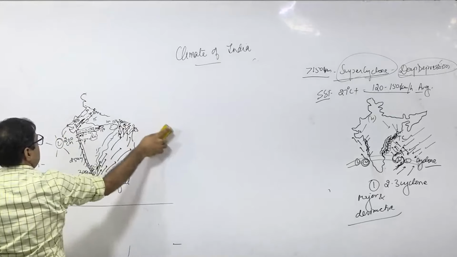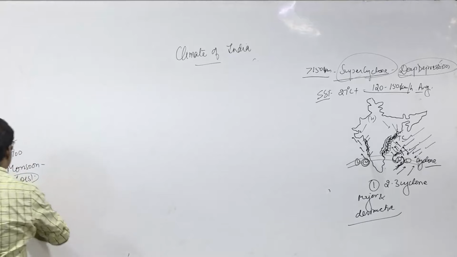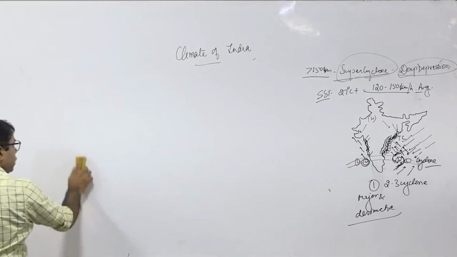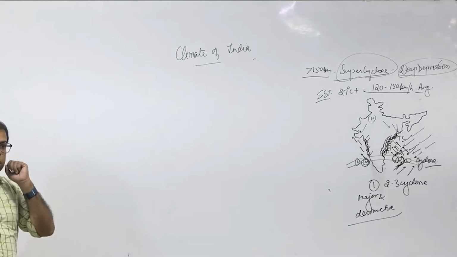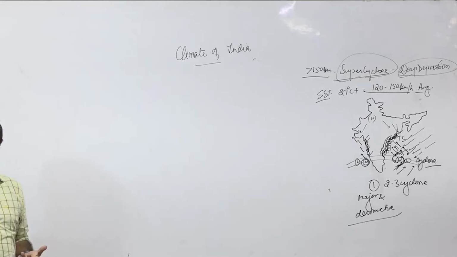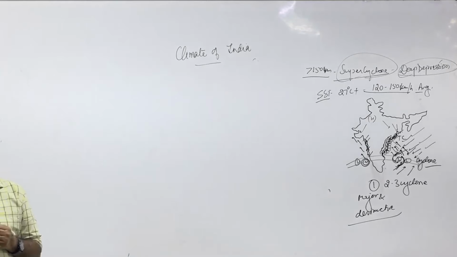What will control the destructive nature of the cyclone? Wind velocity, rainfall, amount of rainfall, right? Rainfall is torrential over a smaller area, तो क्या होगा उससे?